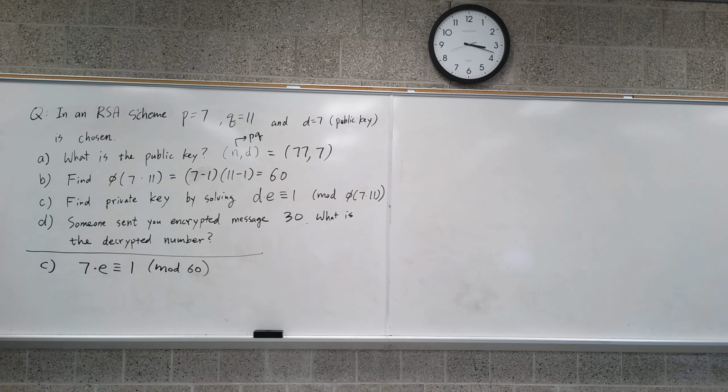Okay, there are two ways to go about solving this. One is to use the Euclid algorithm to find the greatest common divisor. But last time when I tried it in class, it wasn't so easy.